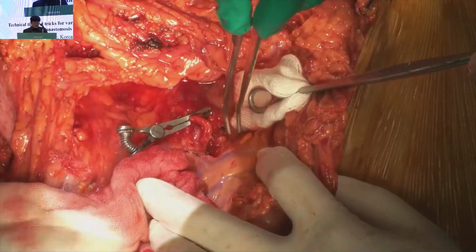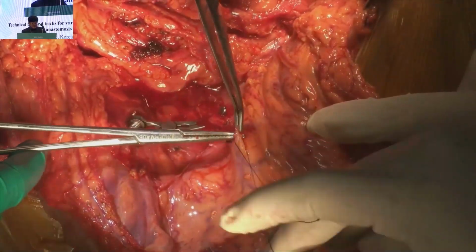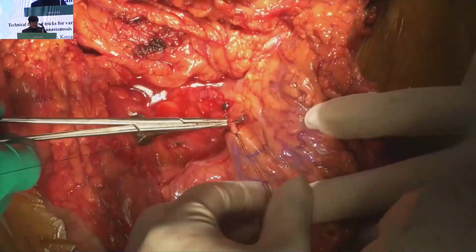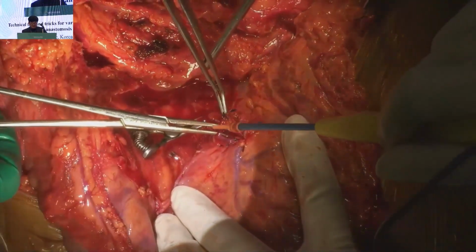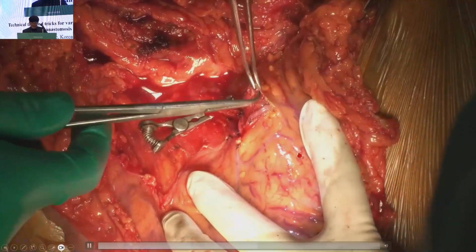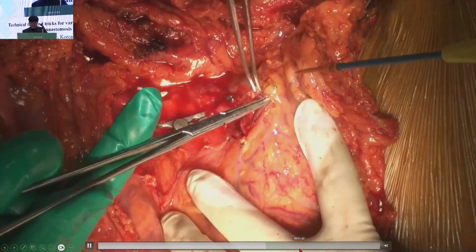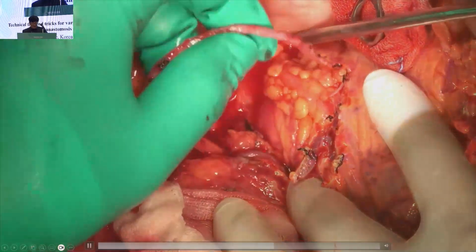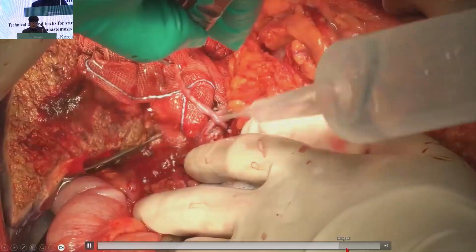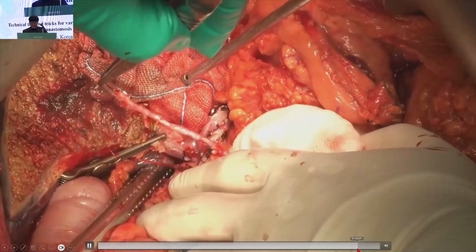The anastomosis process has been shown extensively before, so I will omit the detail here. As you can see, the shape and the angle are good, and the final outcome is also not bad.